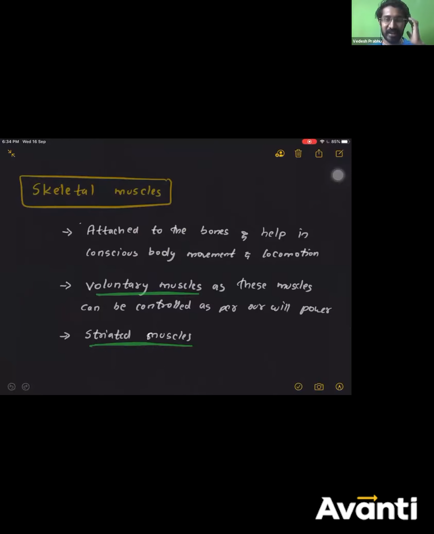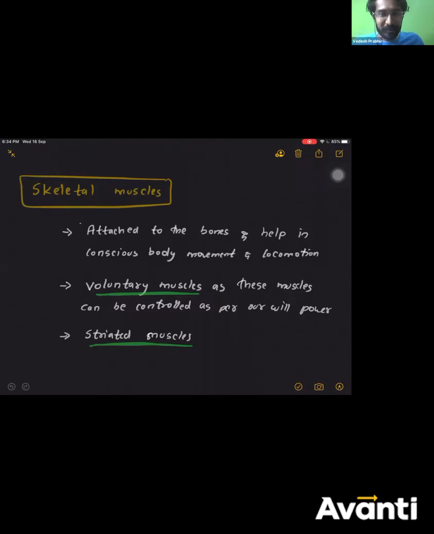We wrote a few points, so today we're going to continue from here. Since it is attached to our skeleton, you just name it the skeletal muscles. The second name is the voluntary muscles, because these can be controlled as per our will, as per our consciousness. However I want, I can move my hand.